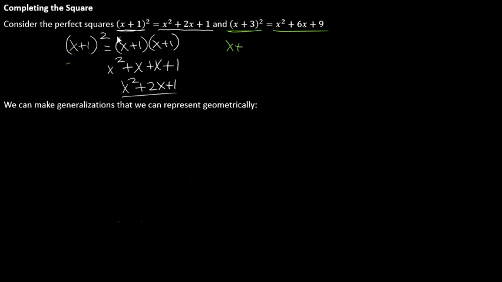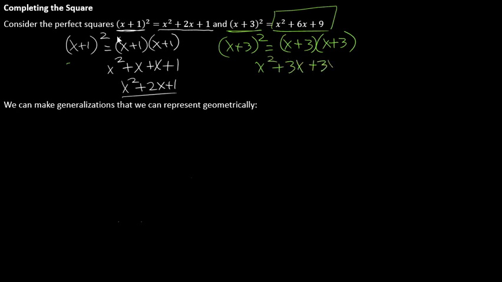And again, that's because when we FOIL it out as x plus 3 times x plus 3, we're going to arrive at this guy here. So x times x is x squared, 3 times x, plus 3 times x, plus 3 times 3, which is 9. Combine like terms, and we get what we should have gotten.